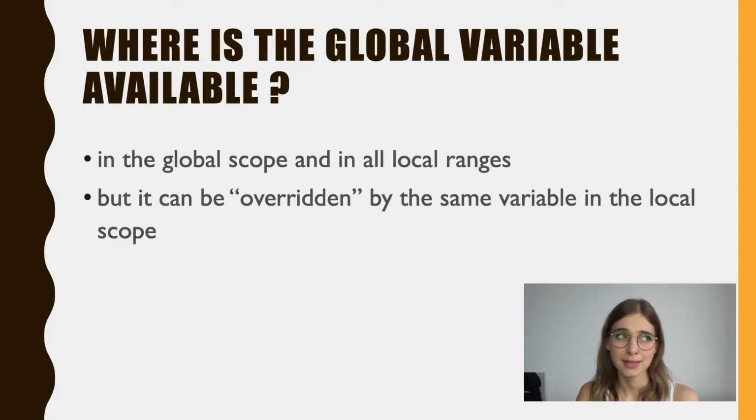So if there is a variable with the same name in the local scope, for that local scope, that variable is going to be more important. So the function will see that variable first, and only if it's not available, it will go look for it someplace else.